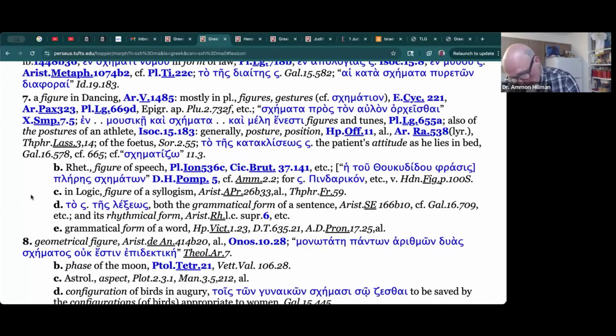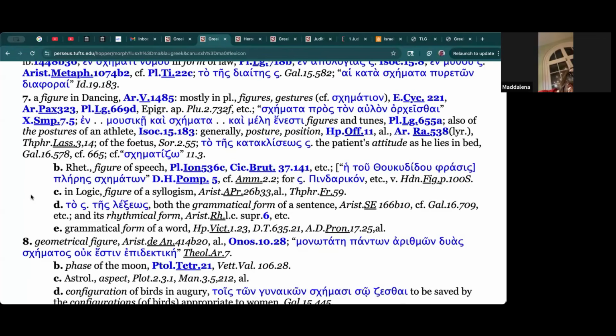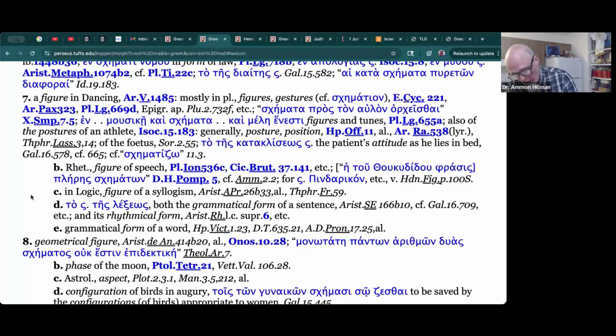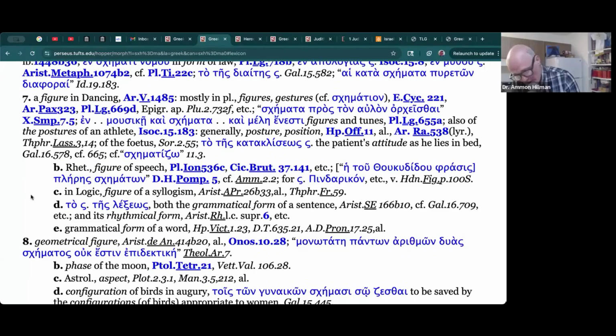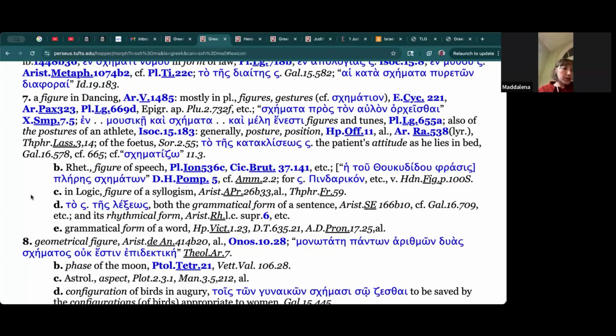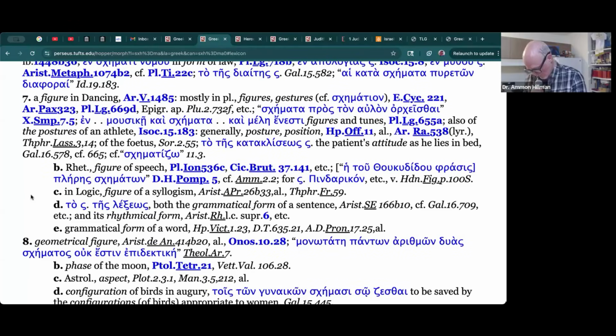Hote to biblion egrapsen. When he wrote the book, or when he was in the process of writing the book, he taught the citizens. That's simultaneous. It was happening at the same time. Good.